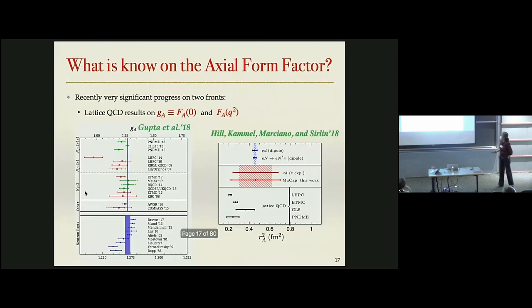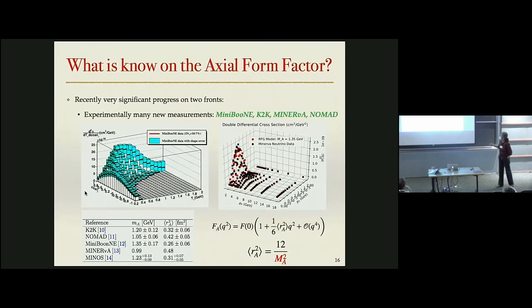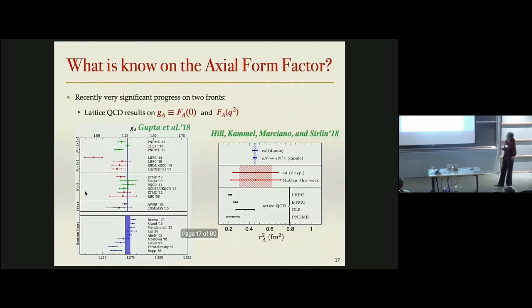Okay, and this was actually known as the MiniBooNE puzzle for a long time. But actually, it was confirmed by K2K and by MINOS. And then we have another significant progress that has happened in lattice QCD, as you heard in the talk before mine.